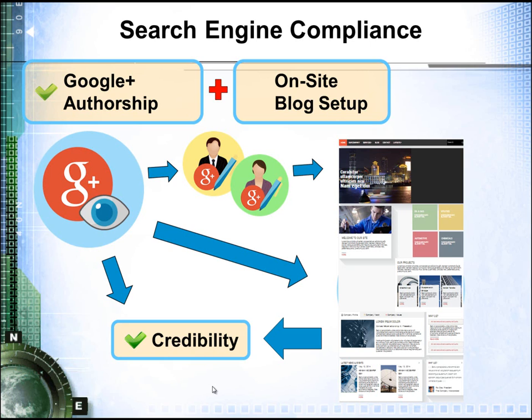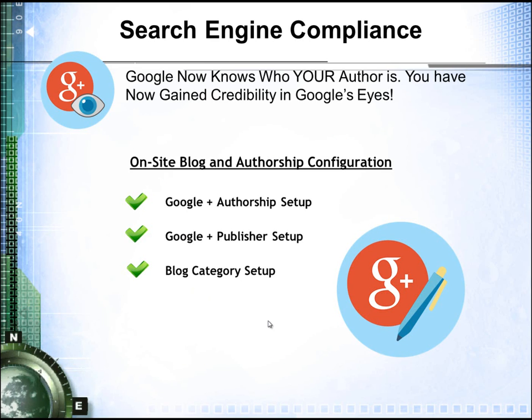Anything in Google's footprint that allows them to track you better on what you're publishing is going to be good. So we've successfully set up your Google Plus authorship and your Google Plus publisher setup as well. The Google Plus publisher setup is a way that we let Google know that your company has published the content on your website globally. This helps for quite a few different things.